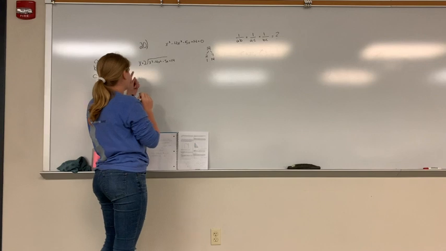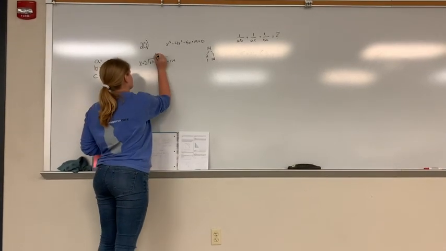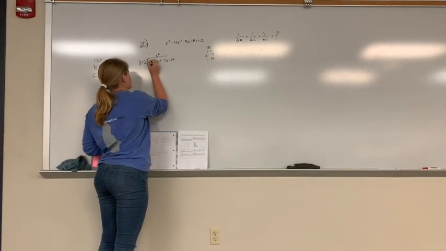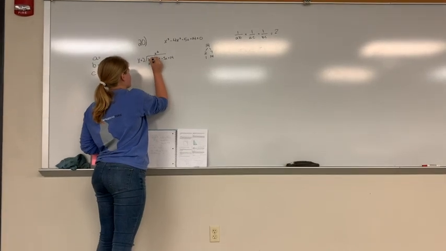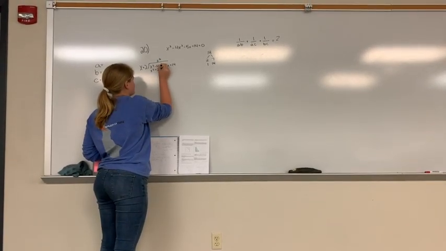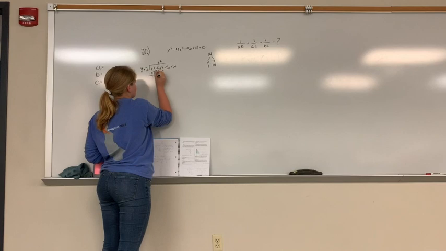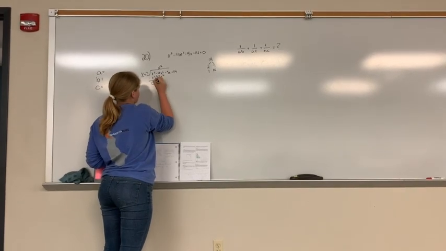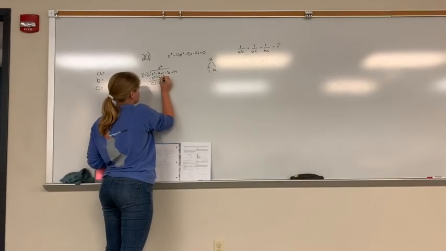What makes x cubed? You can do x squared. So that's x cubed plus 2x squared. Subtract those, and you get 0 minus 6x squared.